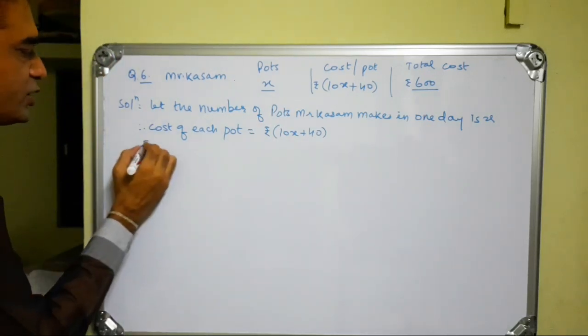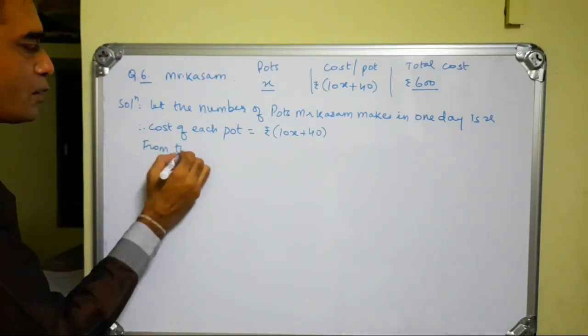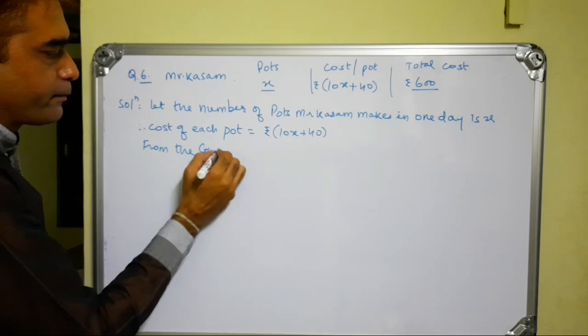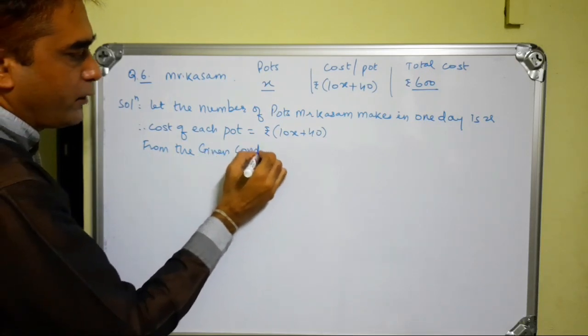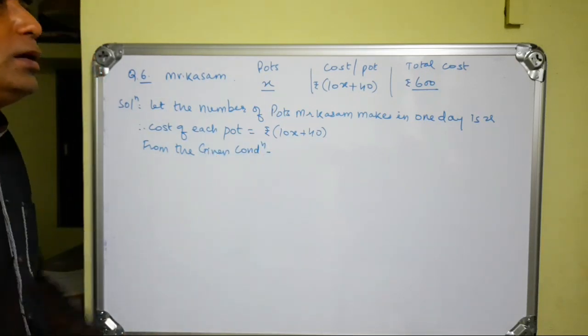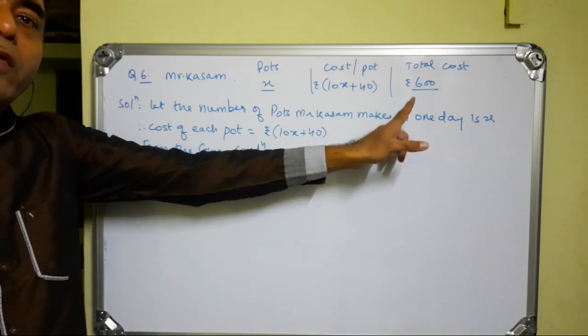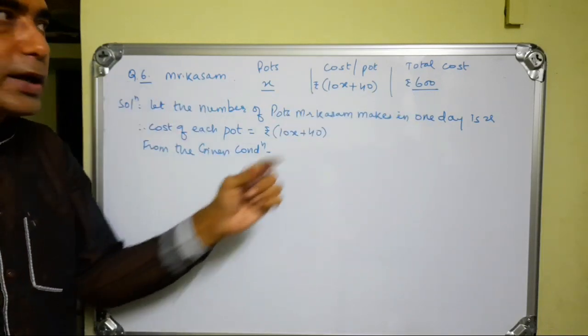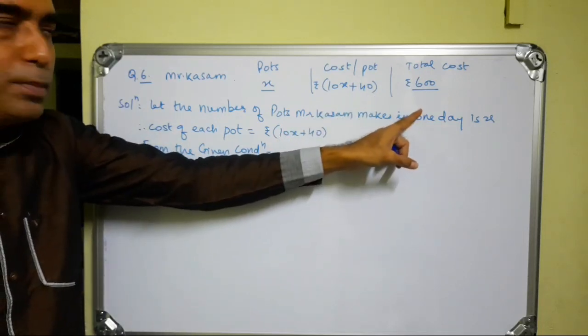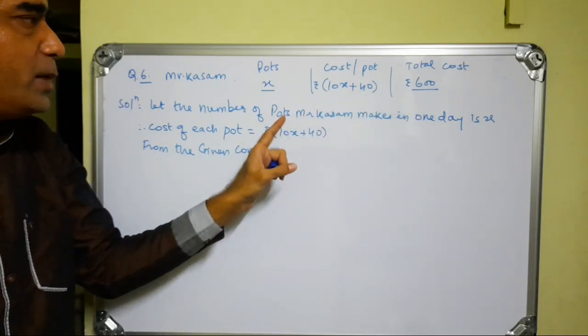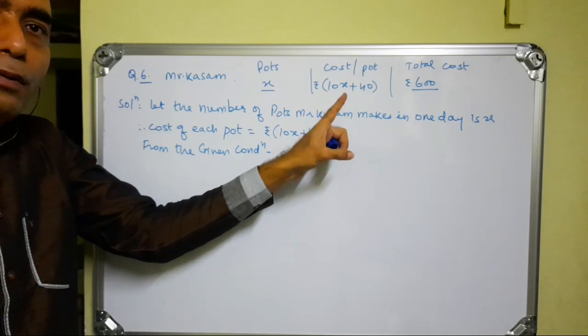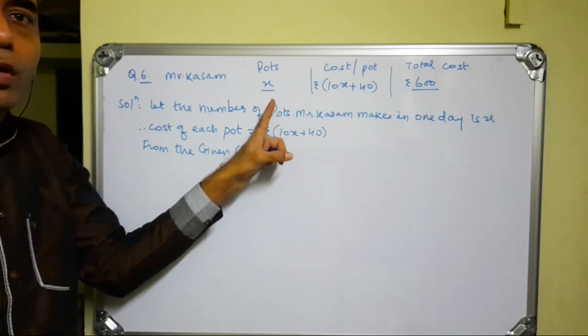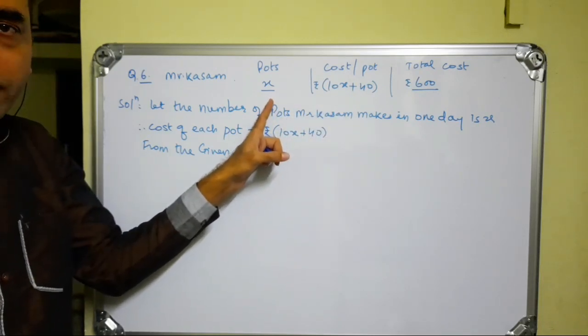Now from the given conditions, the total cost is given. How will we get the total cost of pots? We get the total cost of pots when we multiply the cost of one pot by the number of pots.